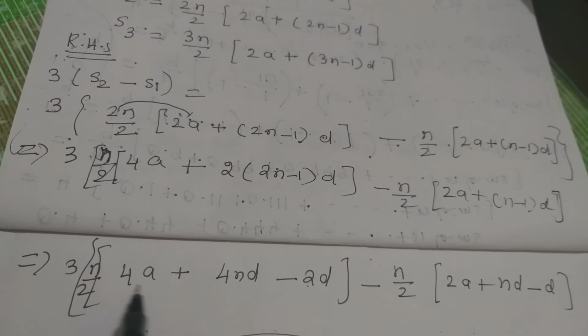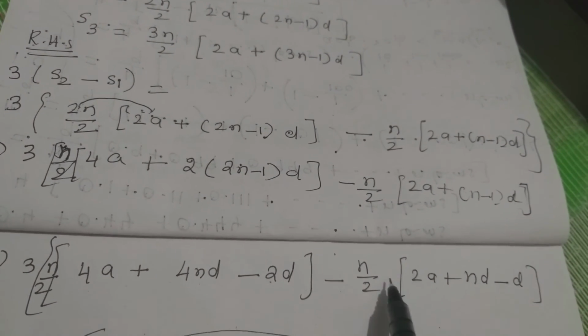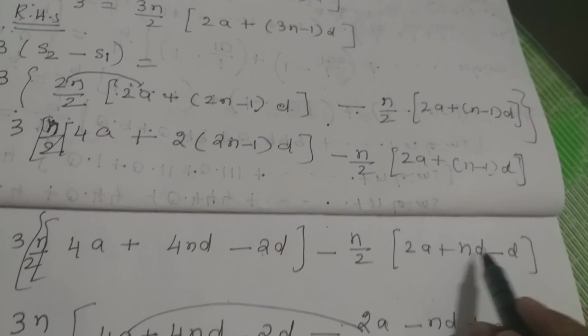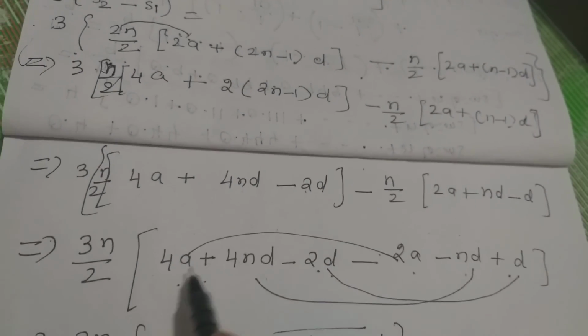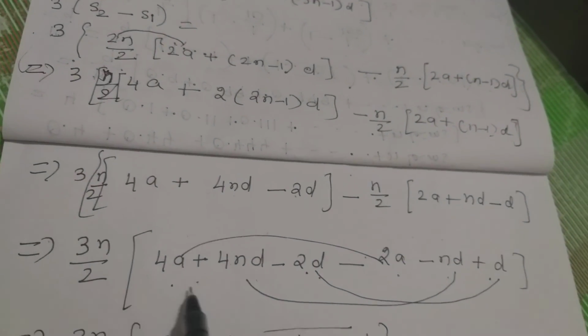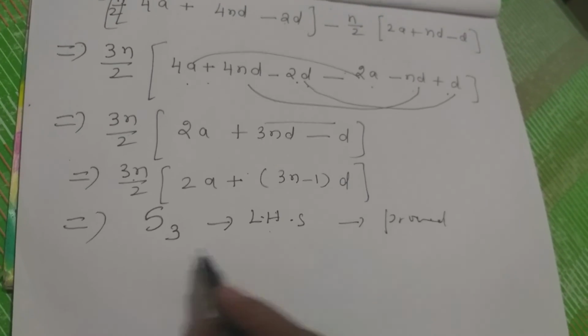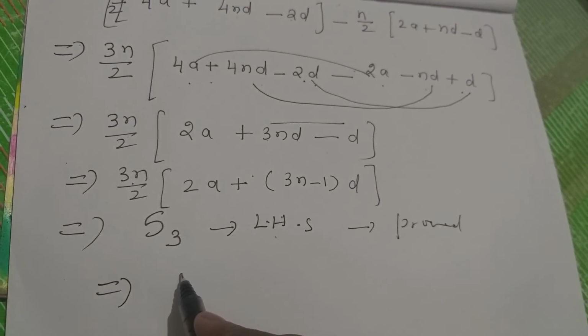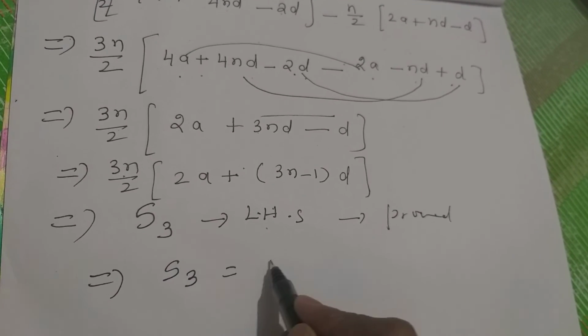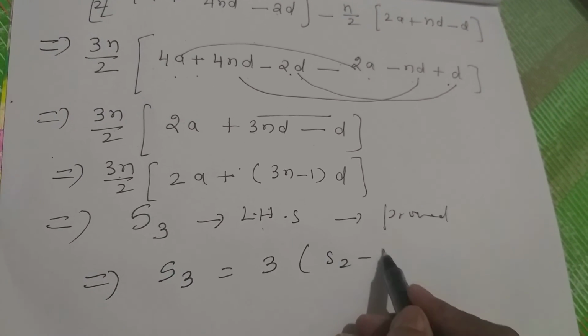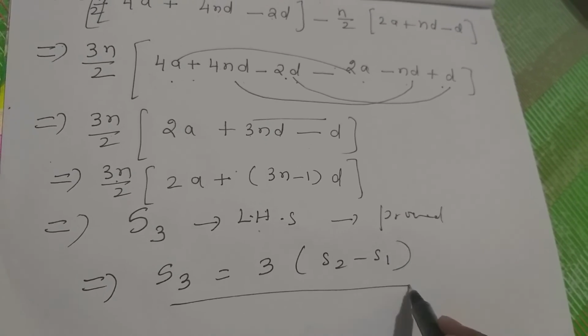So n by 2 outside, you are getting inside. Here also n by 2, here just I am multiplying with the bracket, you are getting the step. N by 2 common taken out, removing bracket, simplify, you are getting S3 equal to 3 into S2 minus S1. This is what you proved now.